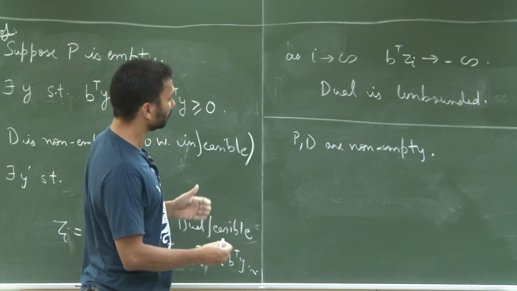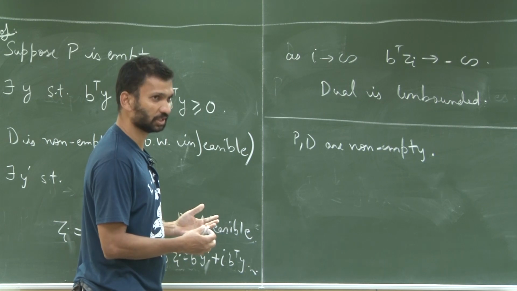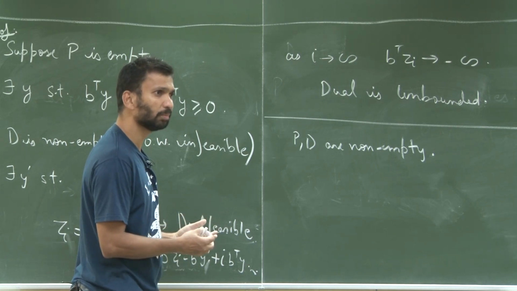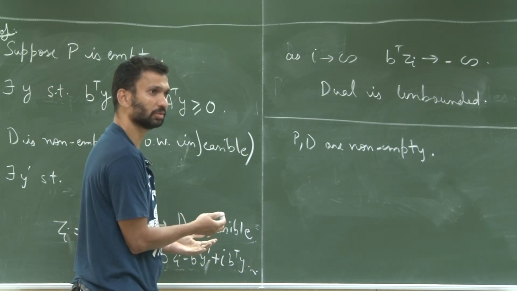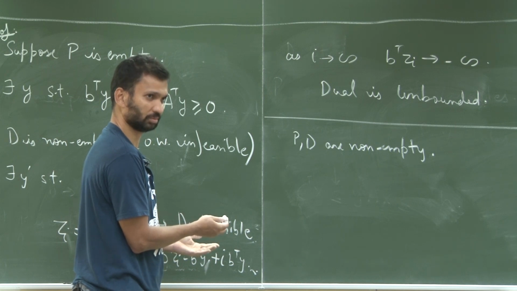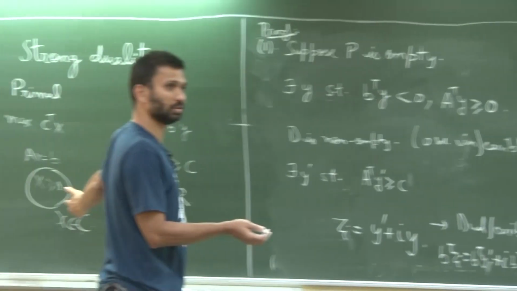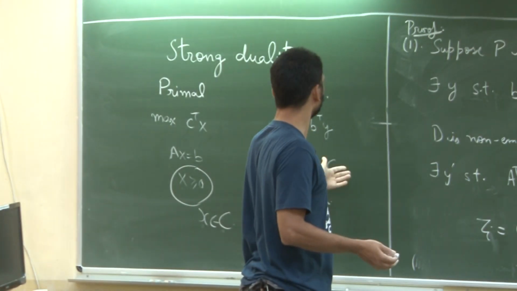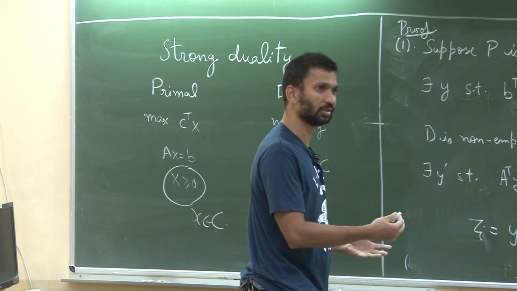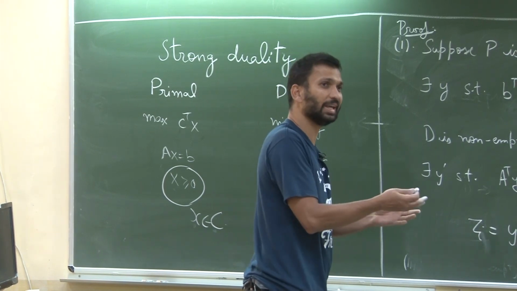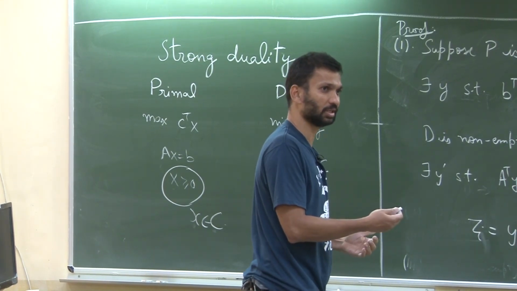And again, the idea is to apply Farkas lemma, right? But what to apply Farkas lemma on? I don't see any Ax equal to b is feasible, A transpose y greater than equal to C is feasible, right? So there is no cone infeasibility here on which to apply Farkas lemma.